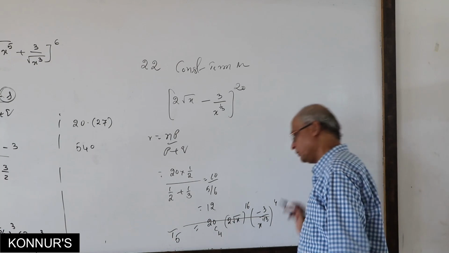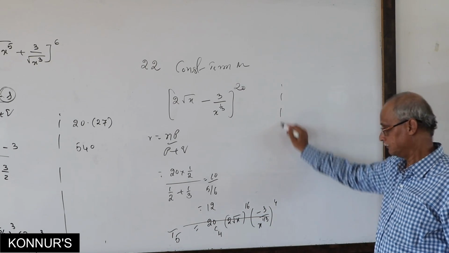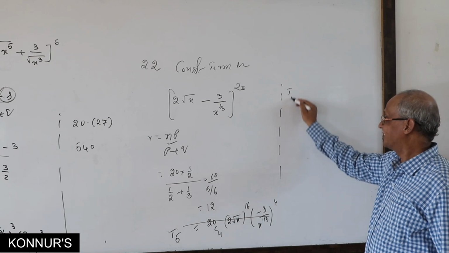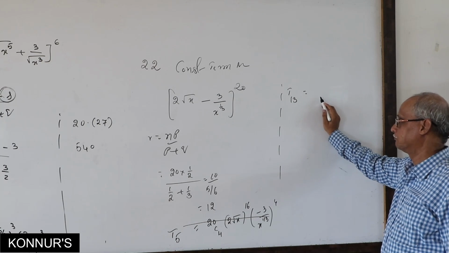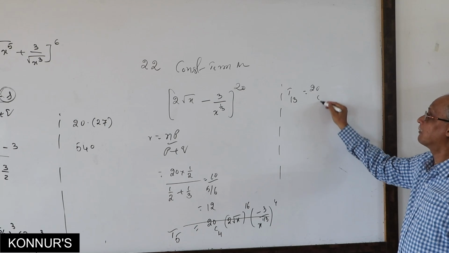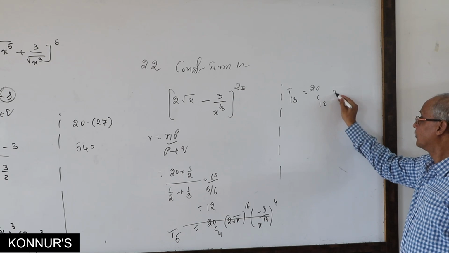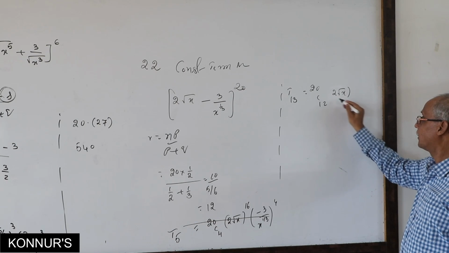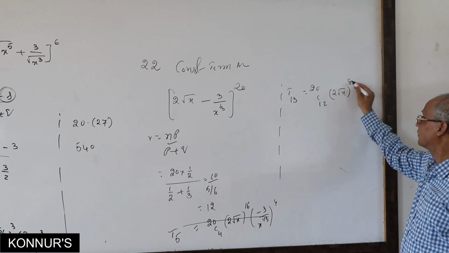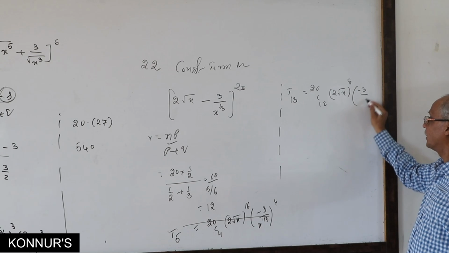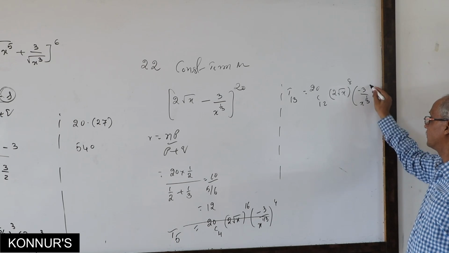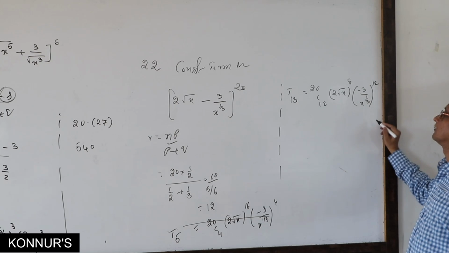Once it is 12, now write down T13 is equal to 20C12, (2 root x) whole power 20 minus 12, (minus 3 by x power 1 by 3) power 12. Now it is correct.